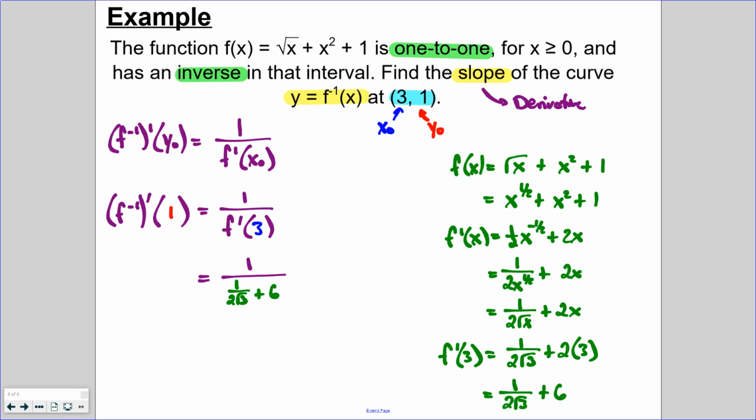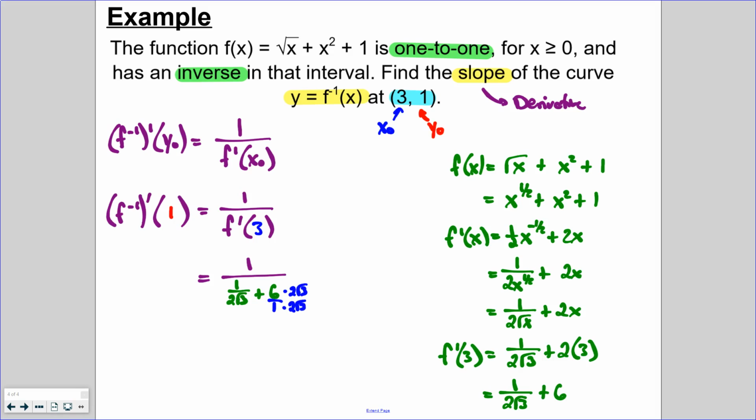And oof, this is not very helpful. So we need to somehow simplify this down. So what I'm going to do first is try to combine both the terms in the denominator into one single fraction. So to do that, I'm going to have to rewrite 6 as being 6 over 1. And I'm going to have to multiply that by 2 radical 3 on both the numerator and denominator.